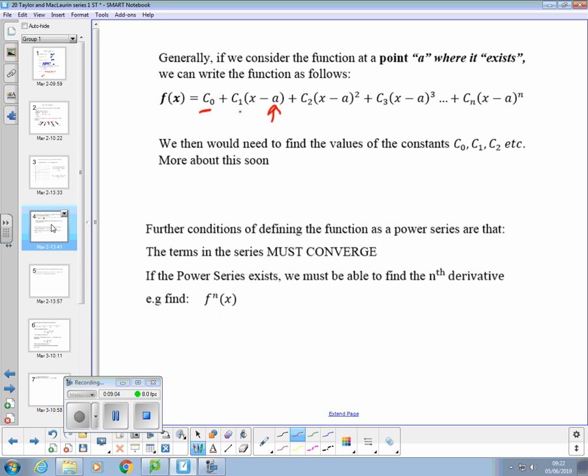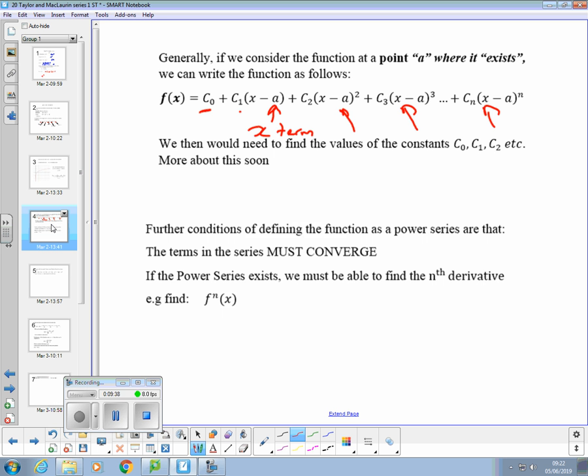Then C1 times (x minus A) is an x term, then there's a squared term, a cube term, an nth term, and so on. We would need to find the values of the constants C1, C2, etc. This Maclaurin and Taylor series is about determining what those constants are.